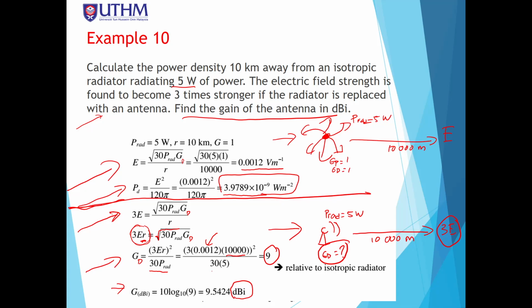It is a decibel, but with respect to the isotropic antenna. That's why you put the small i. So don't be confused. This is a type of decibel, but with respect to the isotropic radiator.